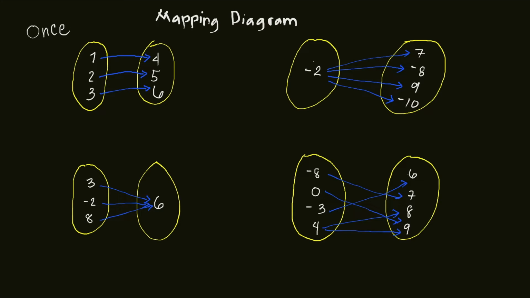I can't stress that enough. It must be mapped exactly once. So in this case, since we see that each element in the domain is mapped exactly once to an element in the range, we say that this mapping diagram is a function.